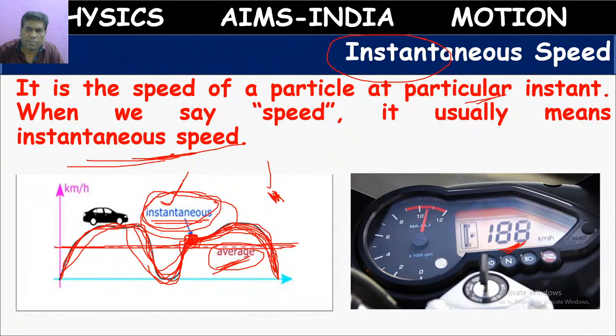If you decrease the speed, automatically on the digital speedometer the speed will decrease. If you increase the speed, it will increase. So digital speedometers show instantaneous speed values, so that you can take care of the speed and keep the vehicle in control. Okay, that is about instantaneous speed.